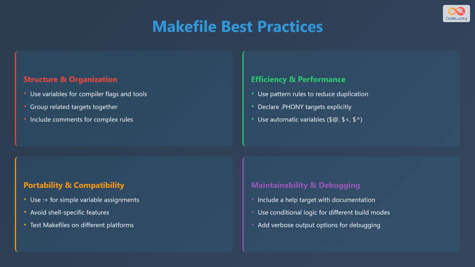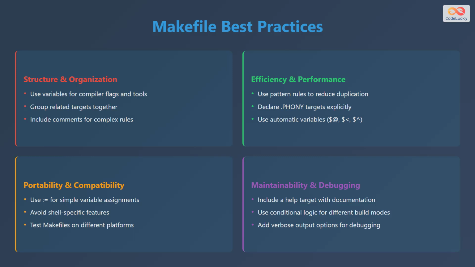To ensure that Makefiles are effective, maintainable, and portable, it's good to follow a few best practices. When it comes to structure and organization, use variables for compiler flags and tools, group related targets together, and include comments for complex rules. For efficiency and performance, use pattern rules to reduce duplication.